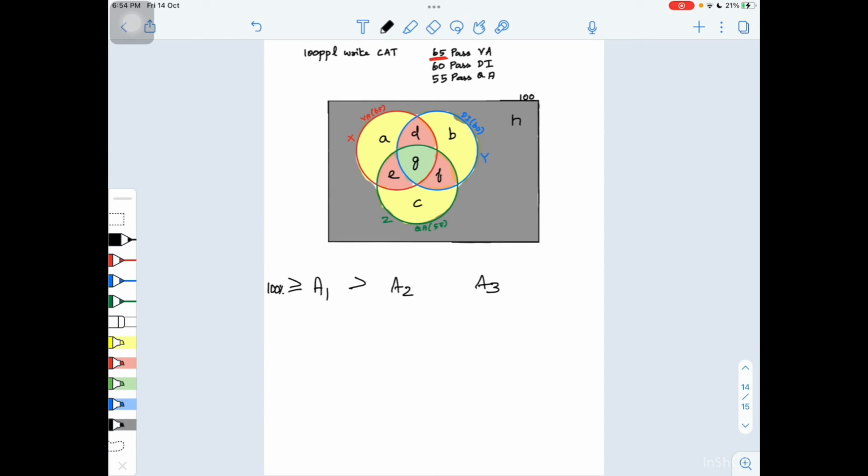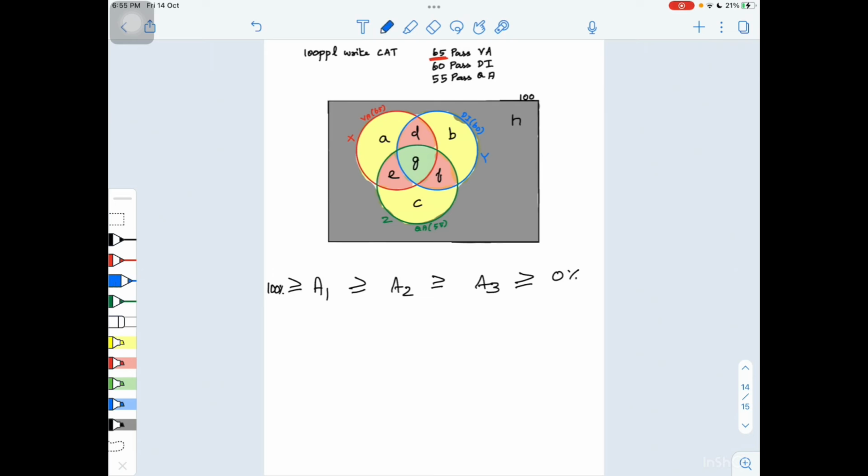At least two region will be less than or equal to at least one region, and at least three region will be less than or equal to at least two region, and at least three region's lower bound is 0%. Or in other words, A1's lower bound is A2 and higher bound is 100%. A2's higher bound is A1 and lower bound is A3. A3's higher bound is A2 and lower bound is 0%.